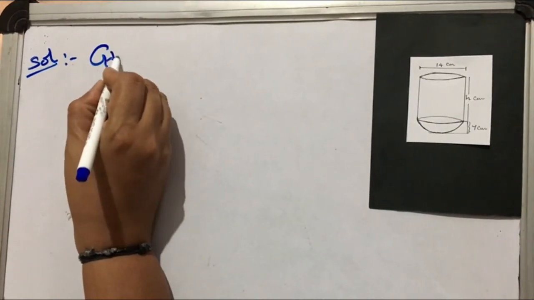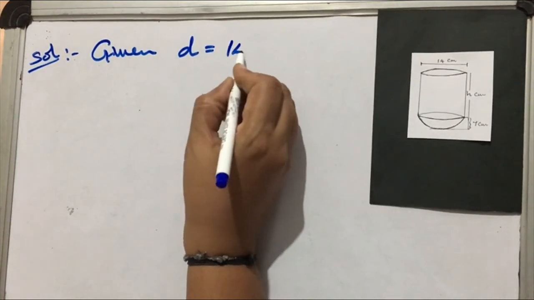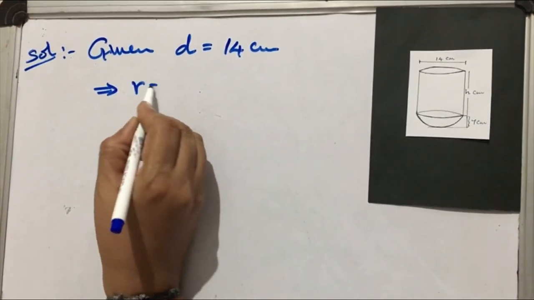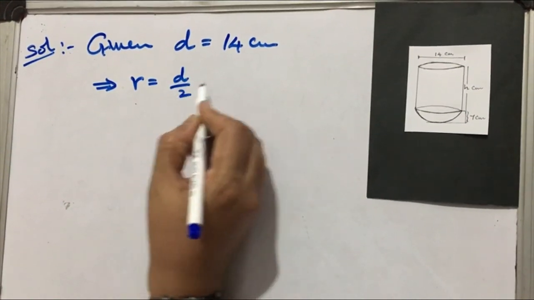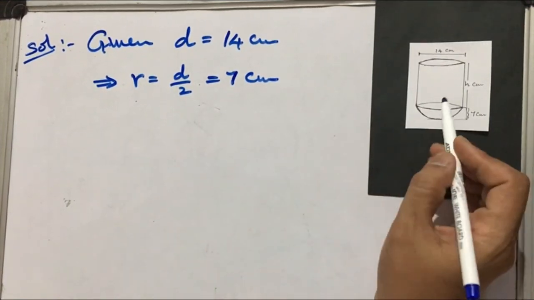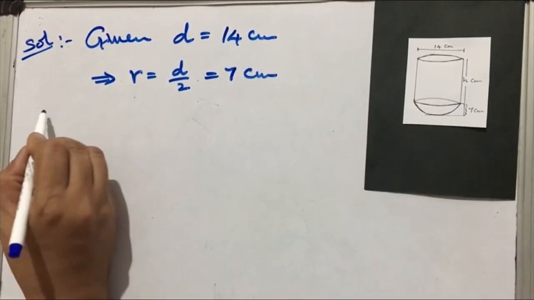Given diameter of the vessel is 14 centimeters. So radius is d by 2, which is nothing but 7 centimeters. This radius is the radius for the hemisphere as well as the cylindrical part.